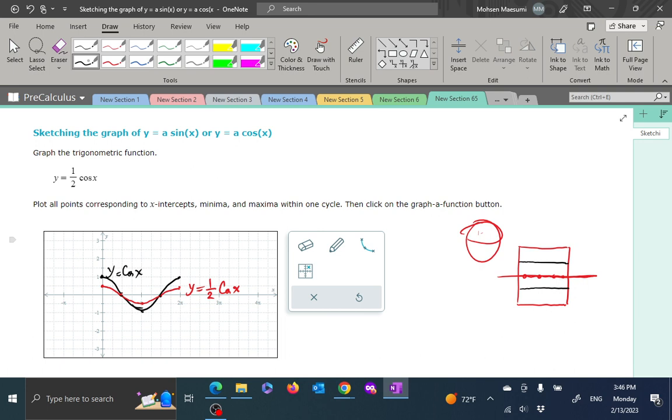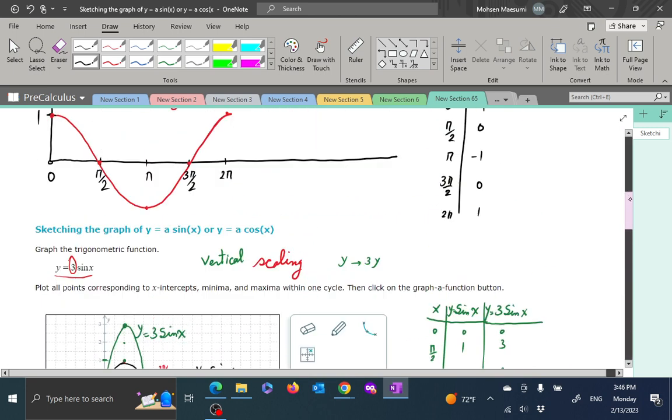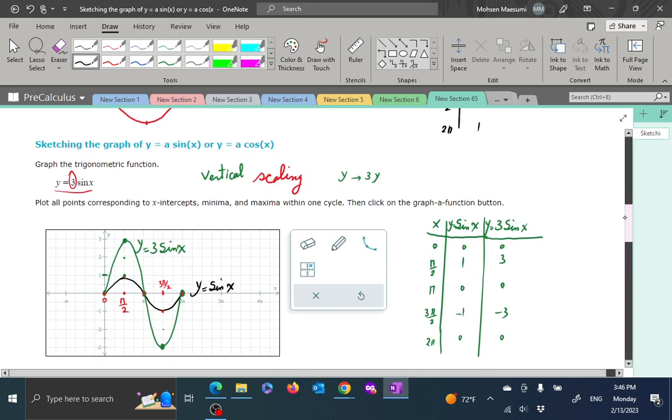The red one is the final that you're going to get, 1/2 cosine of x, as opposed to, like in the first example, 3 sine of x. If you take that rubber sheet and stretch it so that it becomes 3 times taller, the black one is drawn on the original rubber sheet, and then we stretch it by a factor of 3. The new graph is going to look like a graph of 3 sine of x.